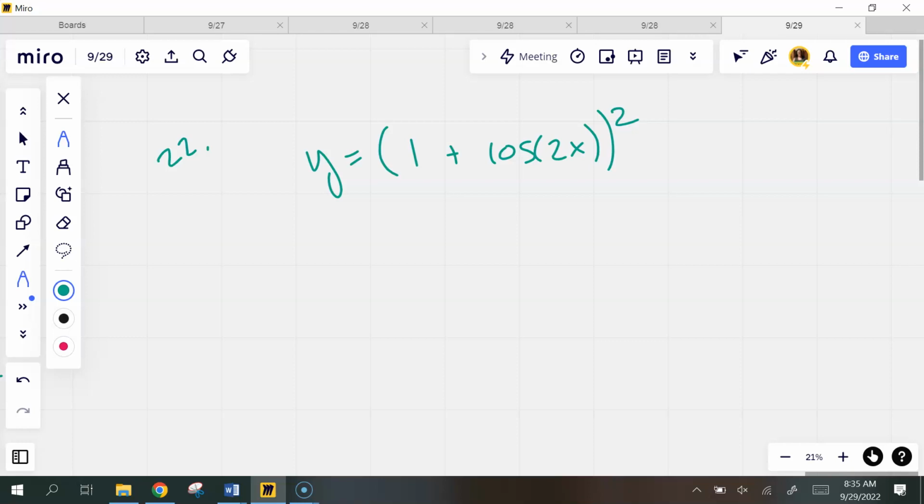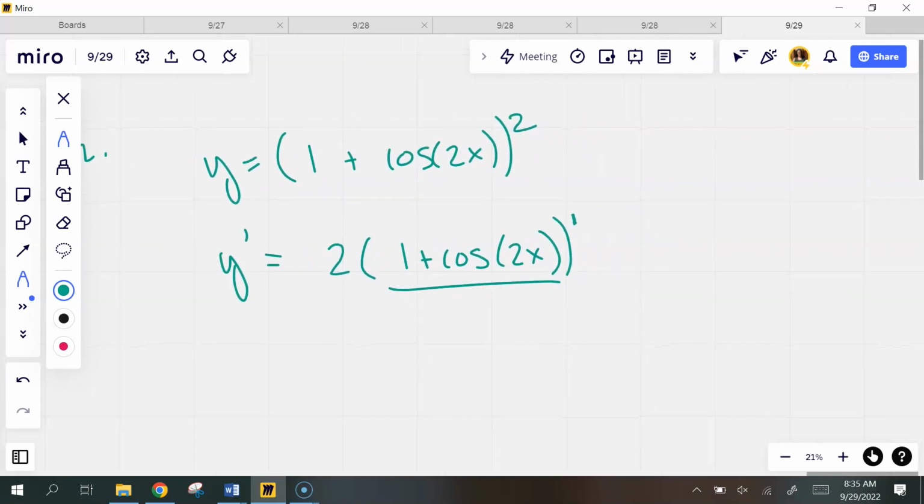All right, I'm going to do power rule first. So 2 times (1 plus cosine 2x). Now let's do the first, right? But now I need to do the derivative of the inside. So times, derivative of 1 is 0, so it doesn't matter. Derivative of cosine 2x.